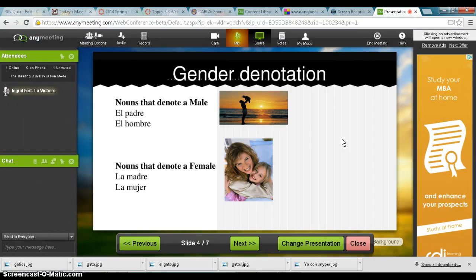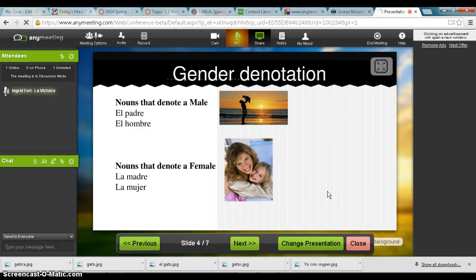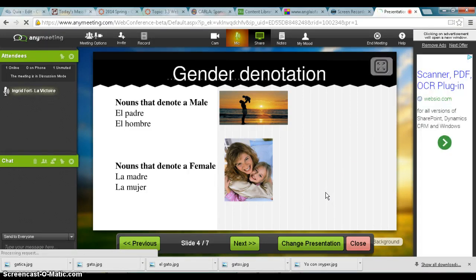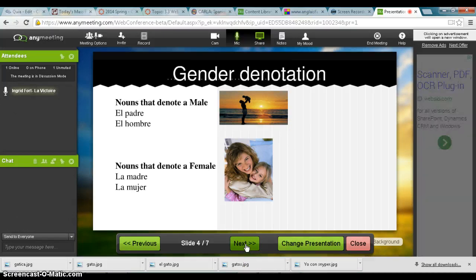Same with la madre. This is a noun that denotes a female. La mujer also. If you know any other words, for instance, we also have la nuera, and for masculine, el yerno. Okay, let's continue.